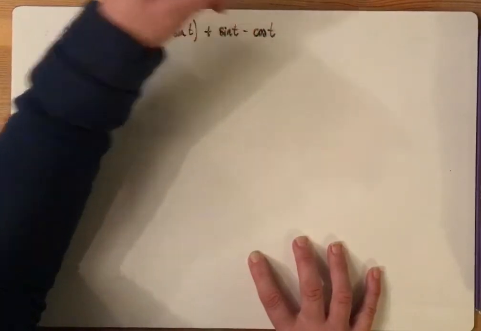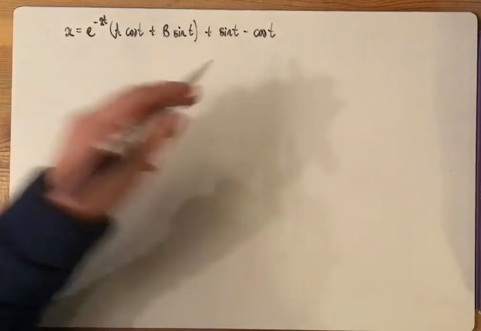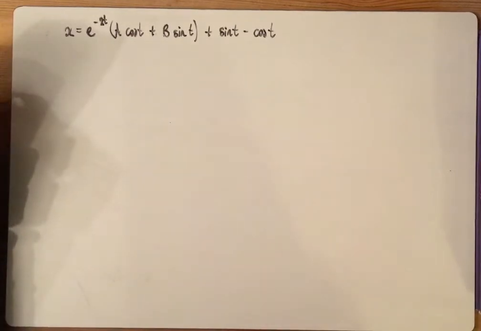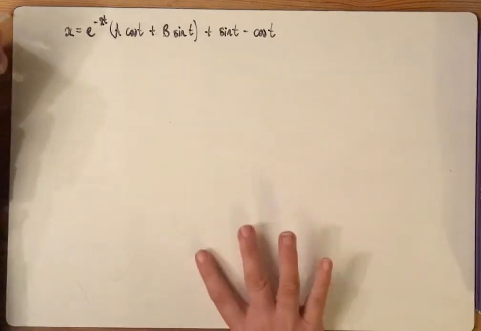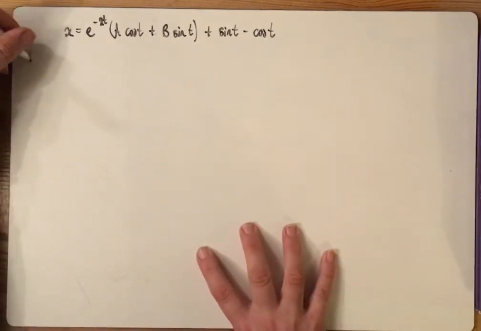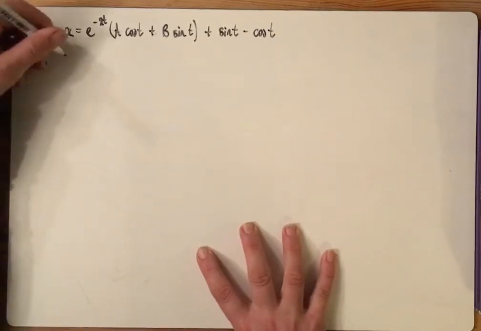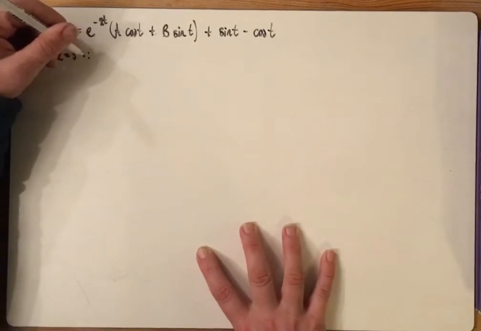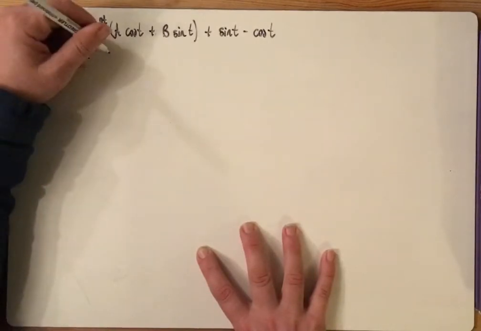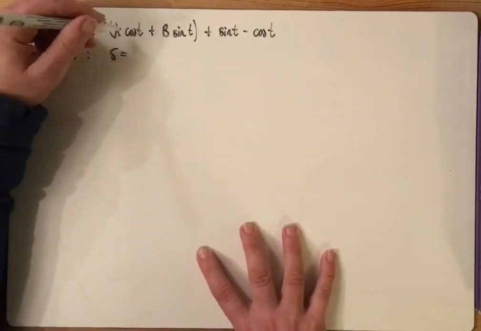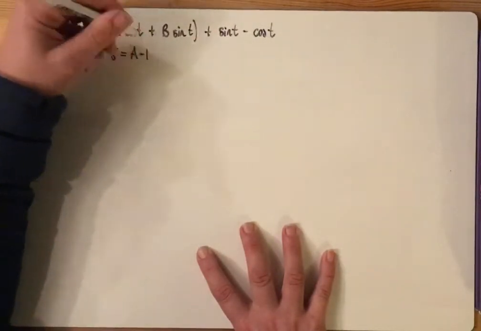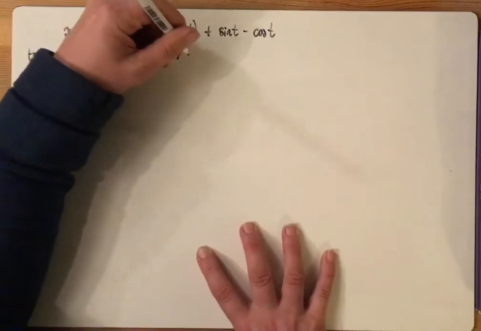So that's just adding on the particular integral to the complementary function. And we know that when t is 0, x is 5. So that gives you 5 is equal to a minus 1 from here. And so a is equal to 6.